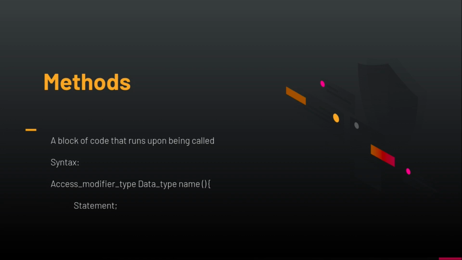It can be just one statement or several statements of code, and then you have a return statement, but that is if you specify the data type. If you want to define a function that just prints something, you don't really have to have the return statement, and then you have a closing brace, right?